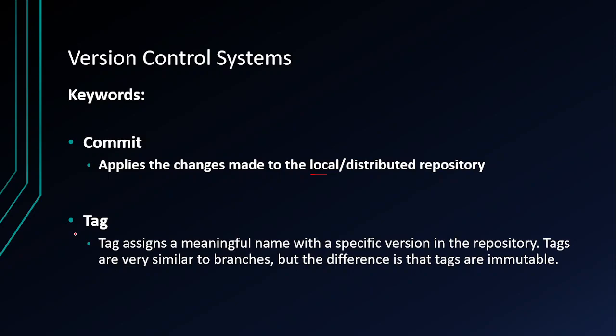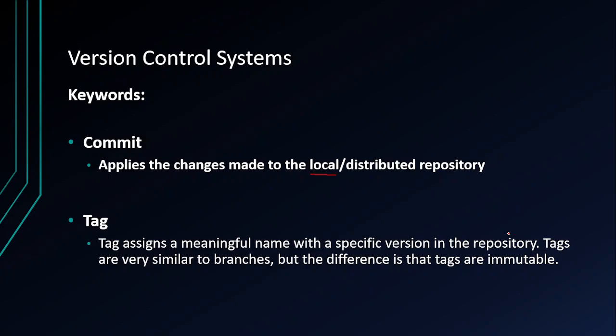And then next is tag. Si tag na siya, associated na siya on the software versioning. With tags, this assigns a meaningful name to a specific version in the repository. Sa changes mo dira, pwede na kamo kabutang kang tag. This tag will signify that this is a specific version of your application.